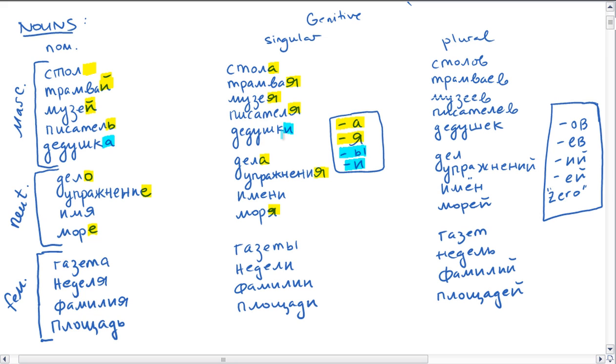We have to make sure that we always follow the spelling rules. So, gazeta takes e, nedelya takes i, right? So all these ya go to e, and then this soft sign also goes to i. So anything that was soft to begin with is going to be e or i. Okay, so that's not too bad.